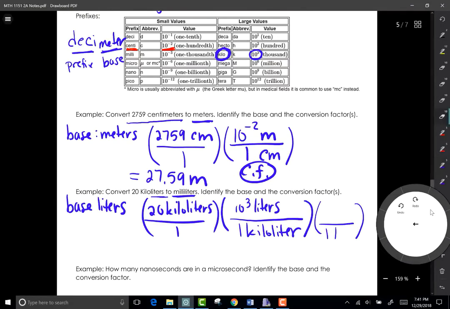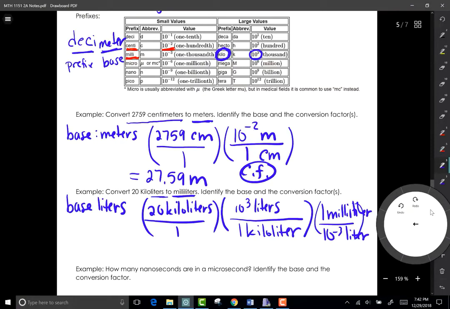Now if I find my prefix, milli, in my chart, that's right here: 1 milliliter is equal to 10 to the negative 3 liters, because liters are my base.